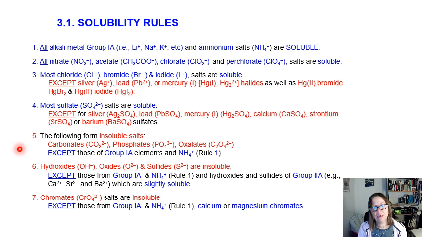Now for those insoluble salts, most carbonates, phosphates, and oxalates are insoluble, except those of group 1 and ammonium. This is rule number 1.